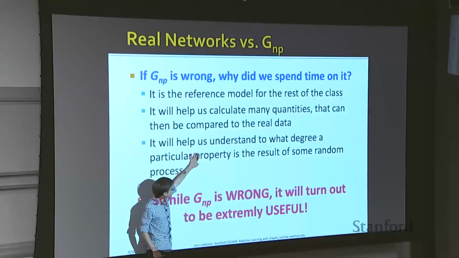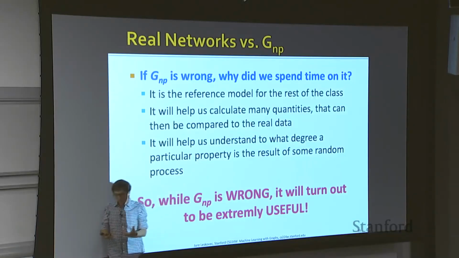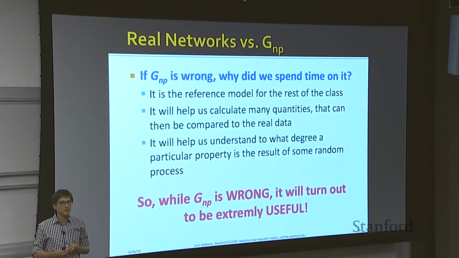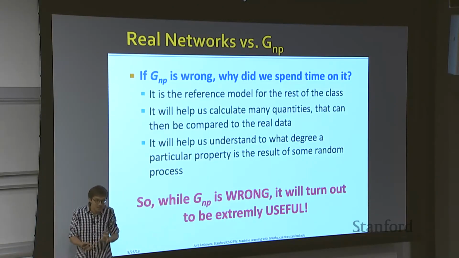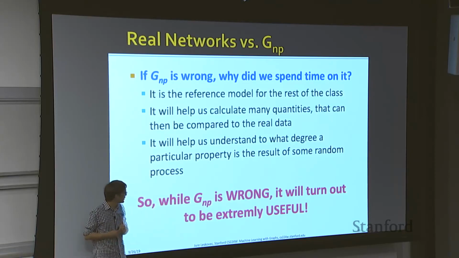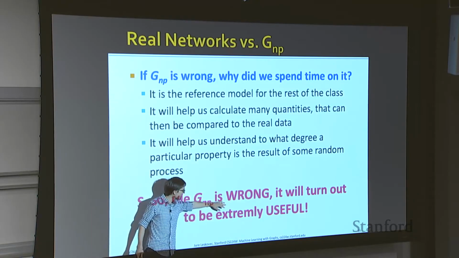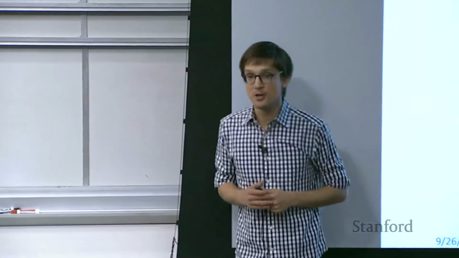And it helps us understand what properties of the graph are a result of some random process, and what other properties are maybe not a result of the random process. So even though this model is wrong, it's very useful. So this is what I wanted to say about the GNP model. Are there any questions?